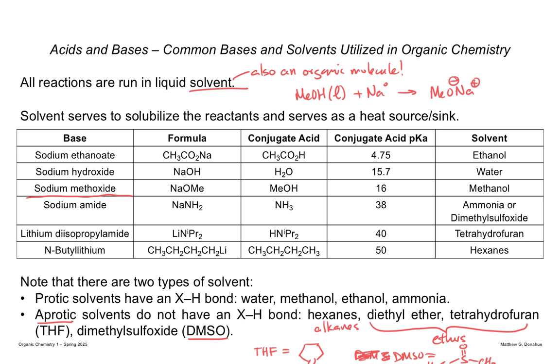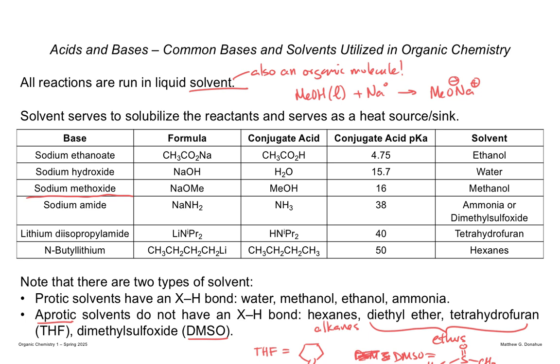The sulfoxide is a sulfur-oxygen double bond. So you'll notice when you transition from the alkanes to the ethers, we know alkanes are nonpolar. Ethers have polarity due to the CO bonds. And then when you get up to DMSO, that's really polar.